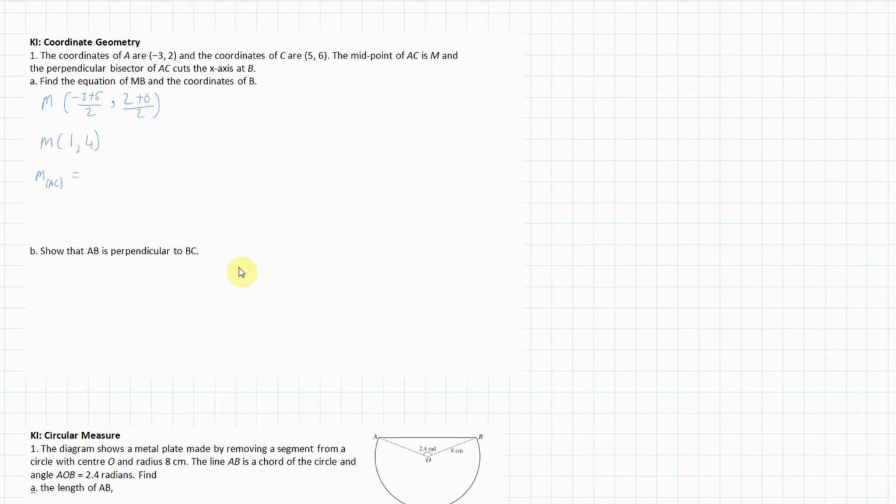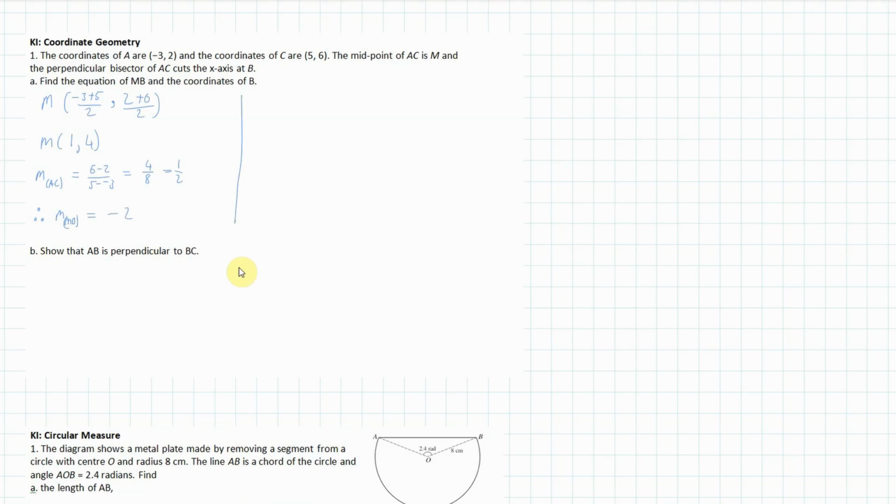So let's change in y, so 6 minus 2, so I'm going C take away A here, and then go over the x, which is 5 minus 3, which I think is 4 over 8, or 1/2. So therefore, the gradient of the perpendicular, MB, is equal to -2, because it's the negative reciprocal.